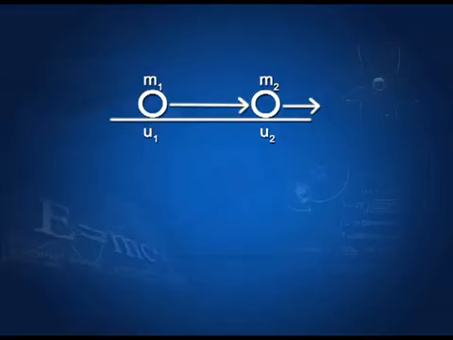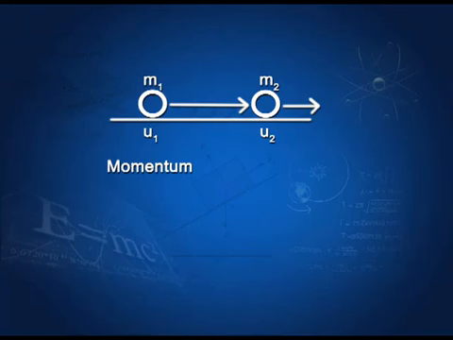So, the kinetic energy gets converted into other forms. It is not necessary that during collision not only momentum is conserved, but also the kinetic energy. Kinetic energy may change into other forms of energy and it is not necessary that it is conserved.